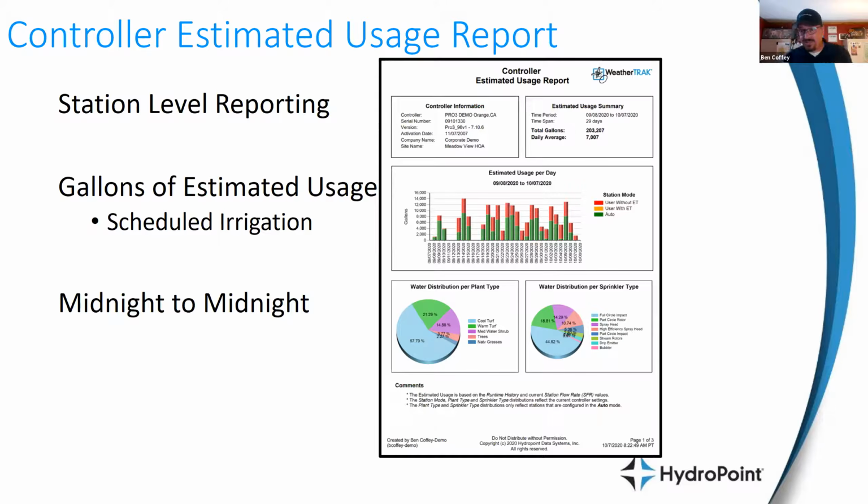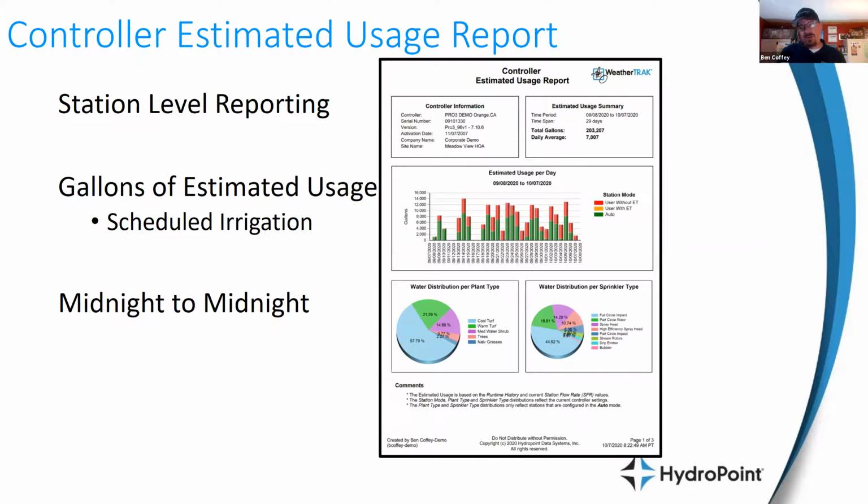Now, the reason for this is measuring irrigation with a flow sensor in a dynamic system, it's very hard to cleanly attribute all of the gallons to one station or another, right? That is to say that when we're measuring flow and station 1 is supposed to be turning off and station 2 is supposed to be turning on, we see a huge spike in the flow in between those two stations, and maybe station 1 is slow to close, maybe station 2 is slow to open.